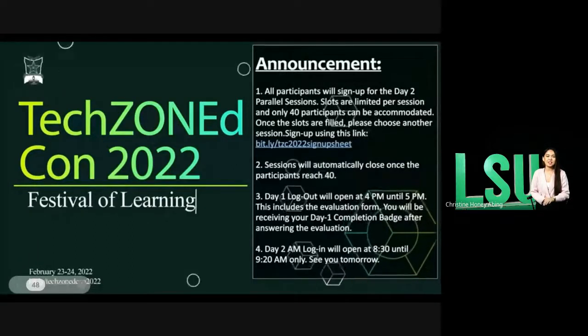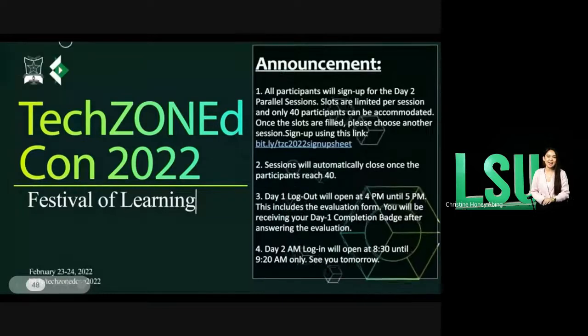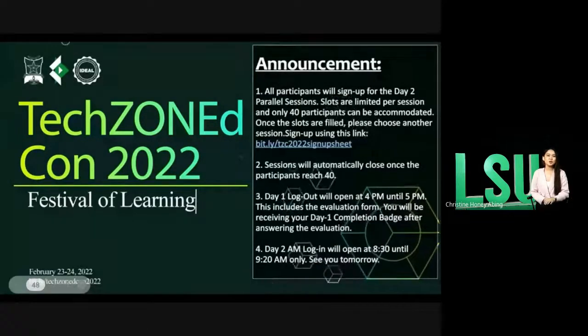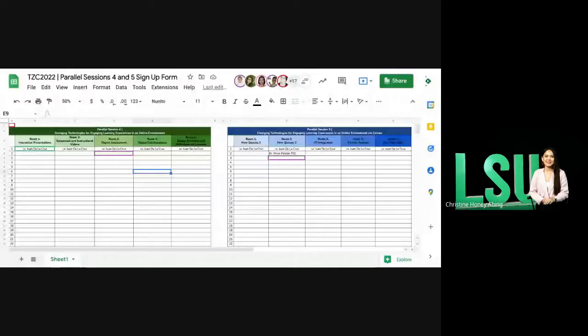To access the sign-up form, please click on the link bit.ly/TZC 2022 sign-up sheet, which can also be found in the in-call messages or on your screen right now. We would like to request everyone to access the link now because we are feeding it live in our Google Meet call as we speak.